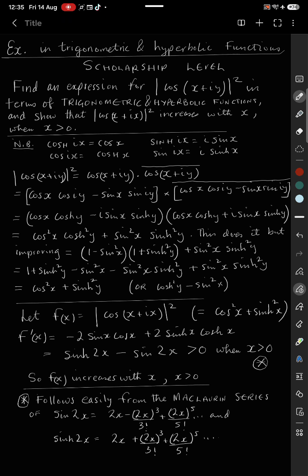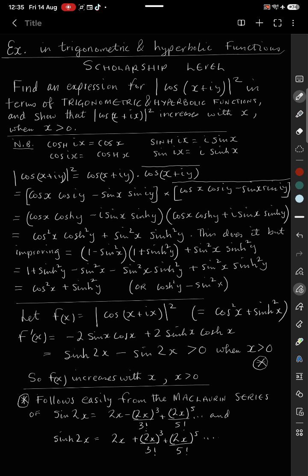Okay? And then multiplying out, we will get cos squared x cosh squared y plus sin squared x sinh squared y. Now this does the trick, but improving that, we can write cos squared x as 1 minus sin squared x, and cosh squared y as 1 plus sinh squared y, and then we have the other term, sin squared x sinh squared y.